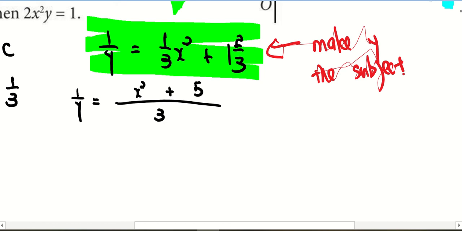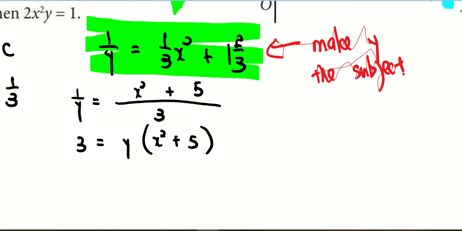Do you agree? I changed to common denominator. So, some of you will say, after that we cross multiply, correct? 3 is equal to y times x squared plus 5. But my job is to make y the subject. So I just have to divide by x squared plus 5.